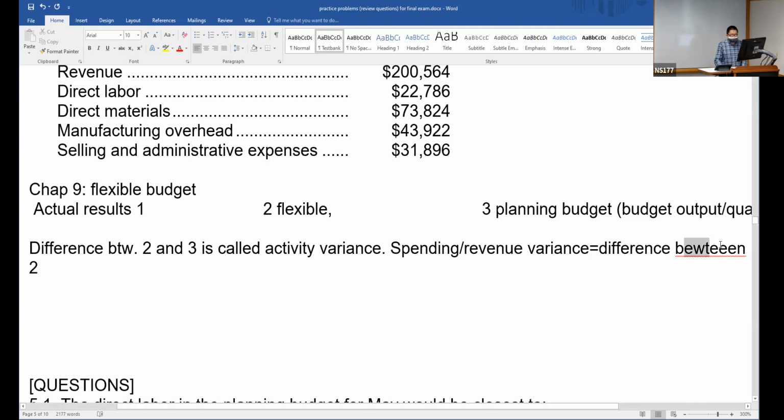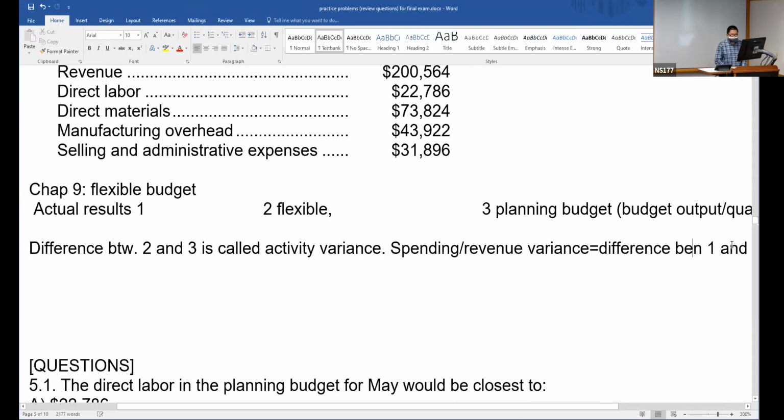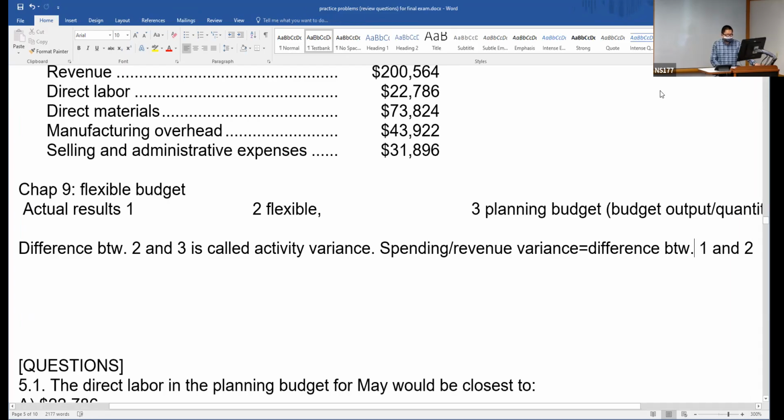Does this make sense? I need to review these more so that this is not so difficult for you. Once you get familiar with this, everything will be very similar. Then how do we calculate the numbers in a flexible budget?